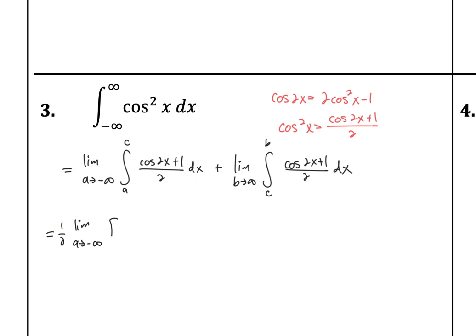Okay, and then now we just have to integrate cosine 2x, which is 1/2 sine 2x, and then integrate 1. Same thing, pull out a 1/2. It's the same integral, same antiderivative.